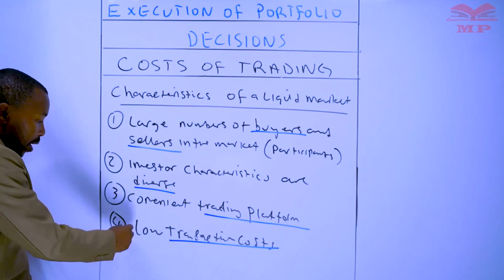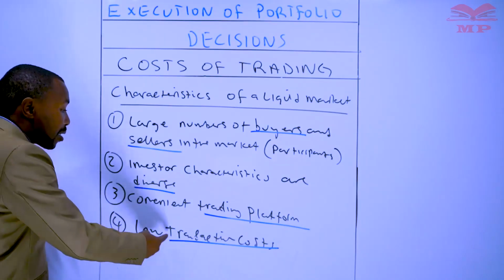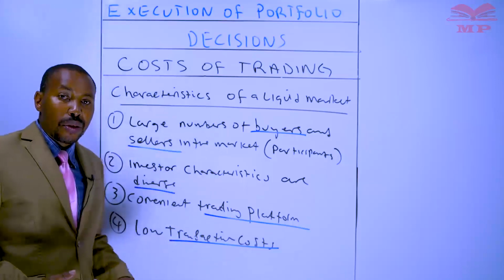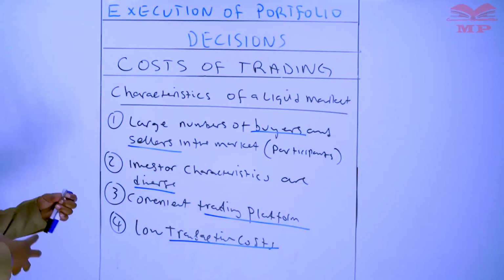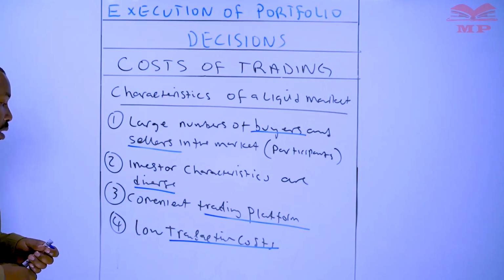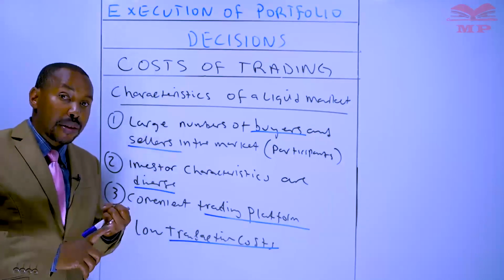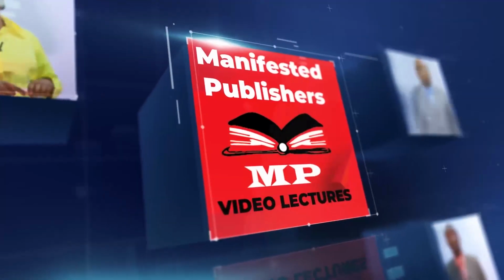Then, contributing towards market illiquidity, there are high transaction costs. For transacting, buying and selling of securities, high transaction costs lead to market illiquidity. So the costs of trading are high, both implicit and explicit costs.